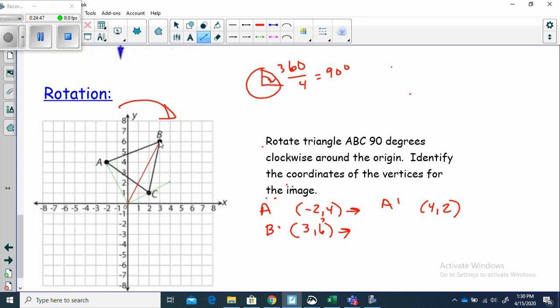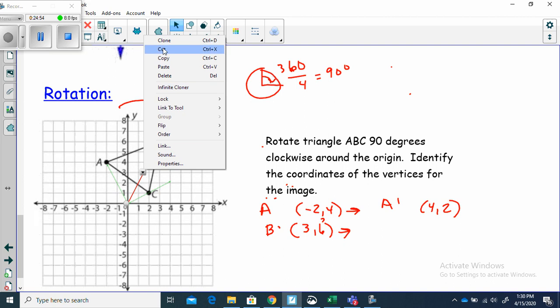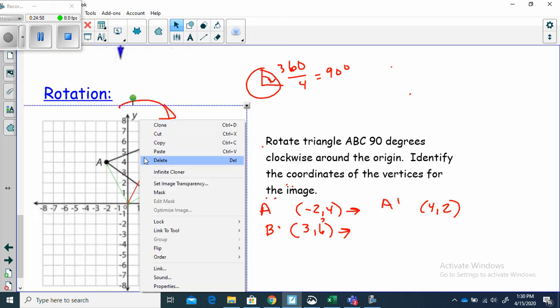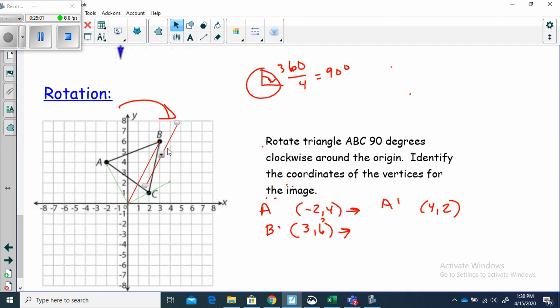And let's copy that line and put it right over here. I'll move the line so it is here. We're going to move it down. This is at 2, 6.